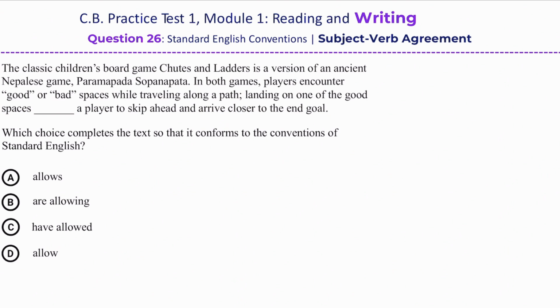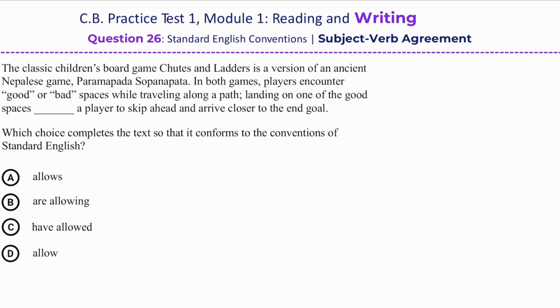Because this underlined portion is part of the second independent clause, the one after the semicolon, I can focus on that, and I can try to identify the subject, right? So when I'm reading here, landing on one of the good spaces allows, right? So this entire thing, landing on one of the good spaces, is your subject. Okay, this is what's known as the complete subject. And I'll talk about this in a much more organized and structured way in the next video.